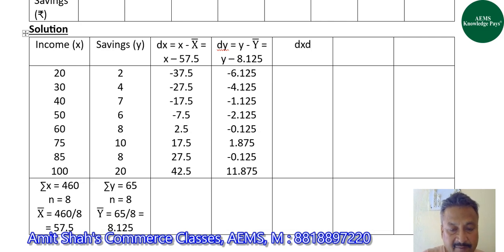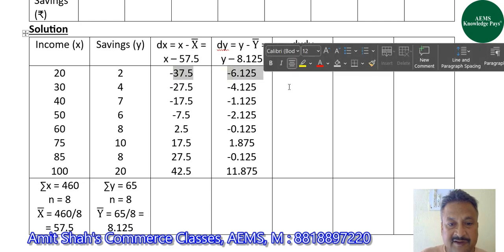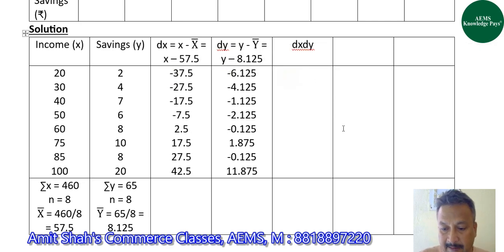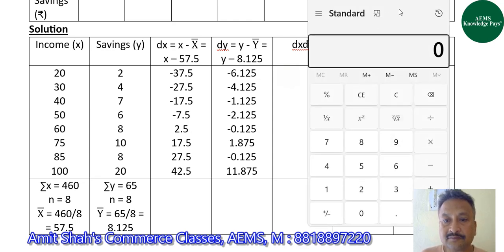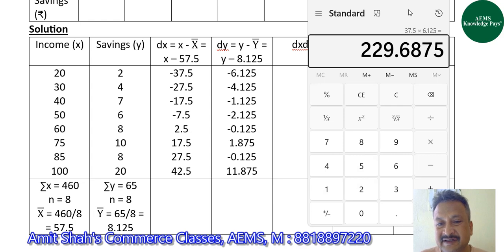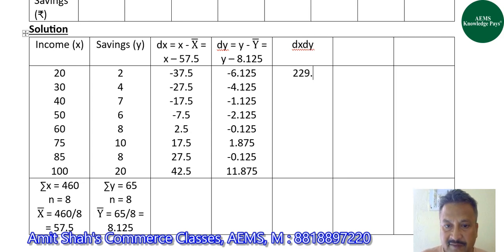Then dx and dy means the product of dx and dy. That is minus 37.5 into minus 6.125, that is 229.6875 and positive. I'm taking only up to two digits after the decimal.